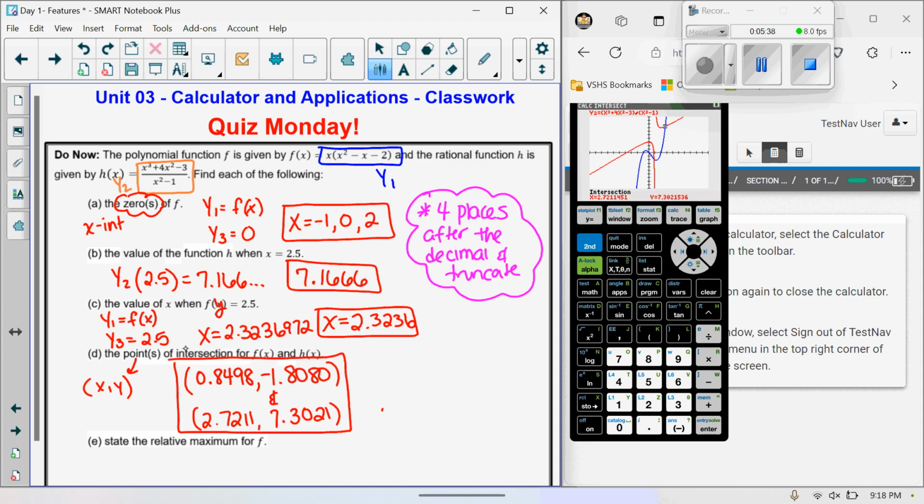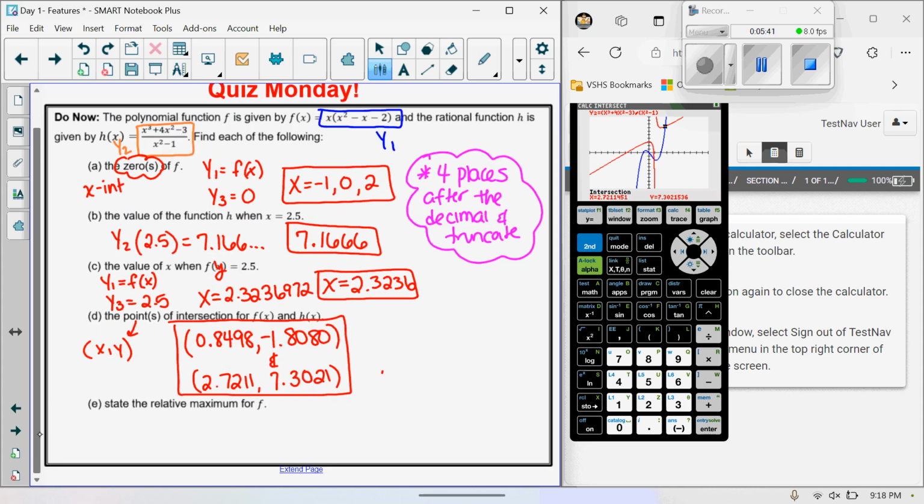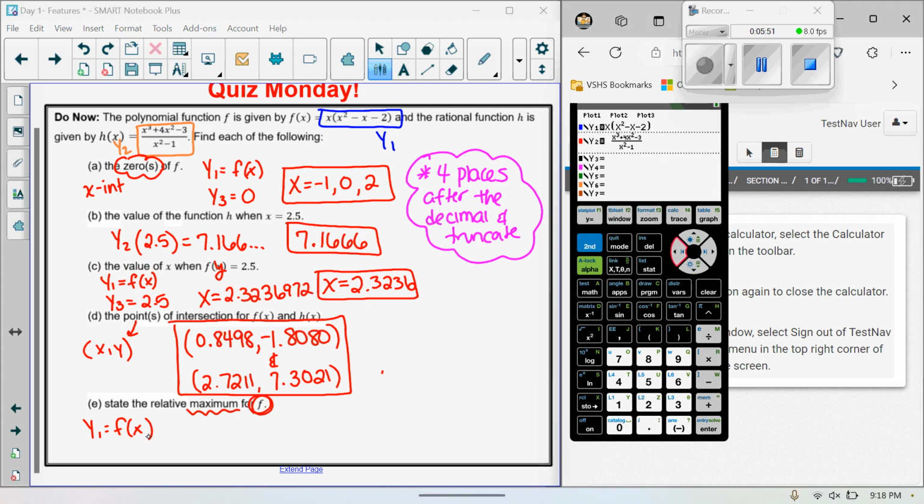Okay, and then lastly, part E is a relative maximum for f, so make sure we're choosing the right function. y1 is what I'm using, f of x. So I'm going to go back to my y equals and unhighlight. Remember that a relative maximum is a y value only, unless they state otherwise. So I'm going to hit zoom 6 again. There's my picture. I want a relative maximum.